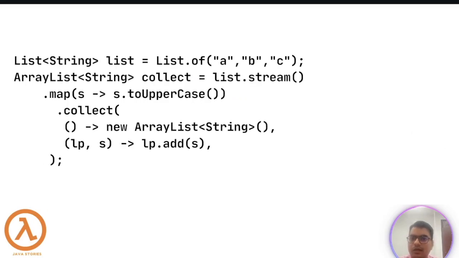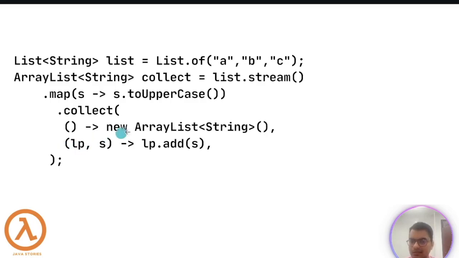But if we see the example here, you could clearly see what we have done. Now we are breaking collectors.toList into separate parameters. As I have said, the first part is providing the collection itself through a supplier. So we have provided this ArrayList of strings because we need to collect all the stream elements in the list. And then the second is, as I have said, an accumulator, which is basically a BiConsumer.